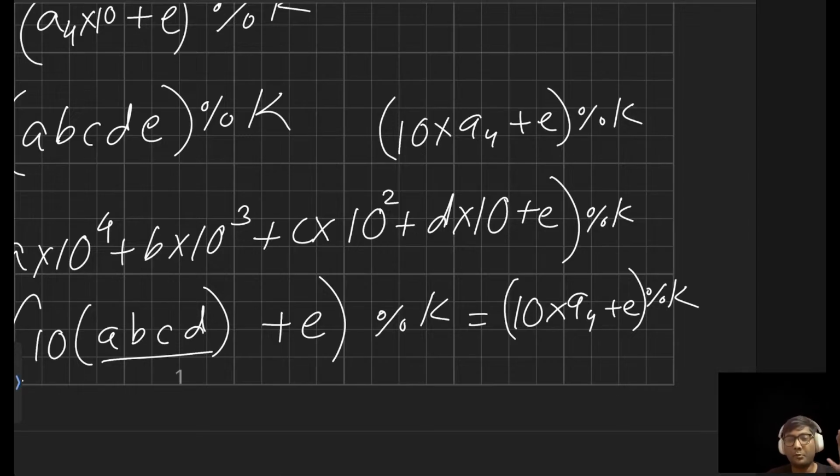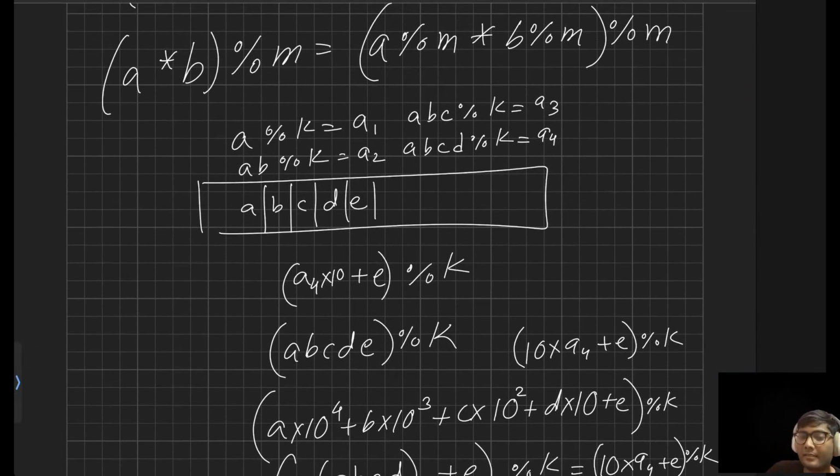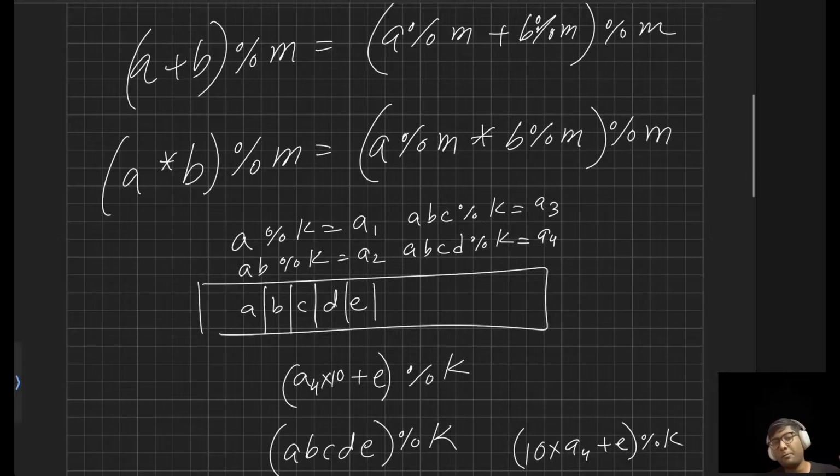We have assumed up to abcd and we have proven from abcd to e, right? So this is the inductive step. So we will use this and we will carry forward only up to necessary and we will multiply it by 10 and make space. So that's how we will solve this problem. We just had to prove that the entire number generation is not important. We can just carry the modulo up to that.